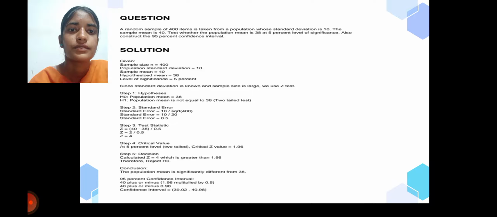The 95% confidence interval is 40 plus or minus 1.96 multiplied by 0.5, which is 40 plus or minus 0.98. So the confidence interval is 39.02 to 40.98.